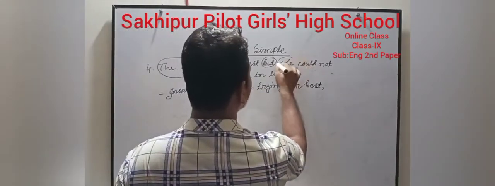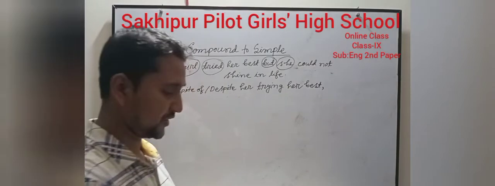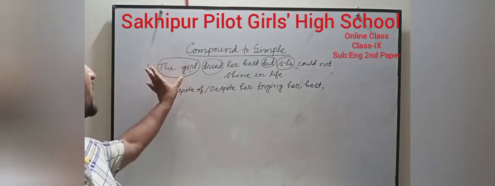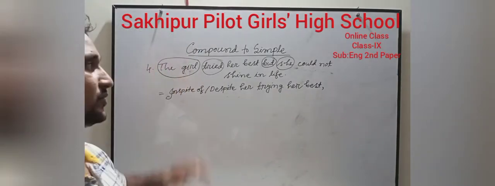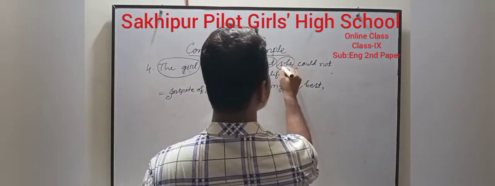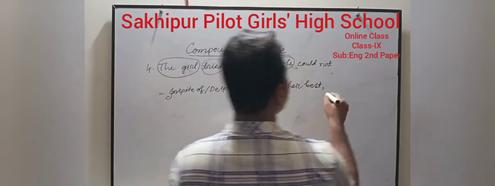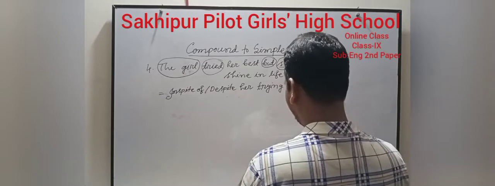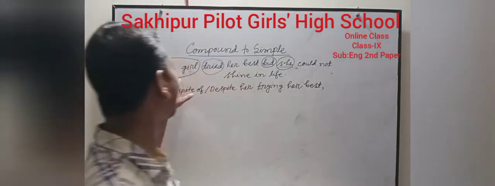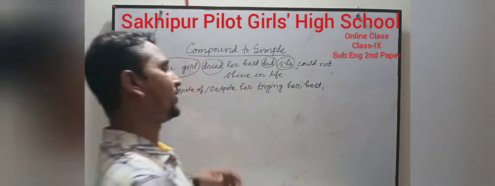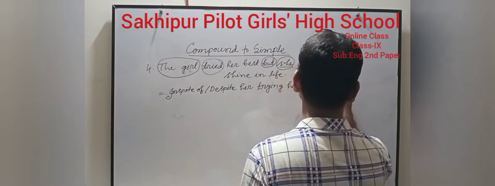Then instead of "she", you have to write the subject of the first clause, the noun. And if here is the pronoun, instead of the pronoun you have to write the noun of the first clause, the girl.